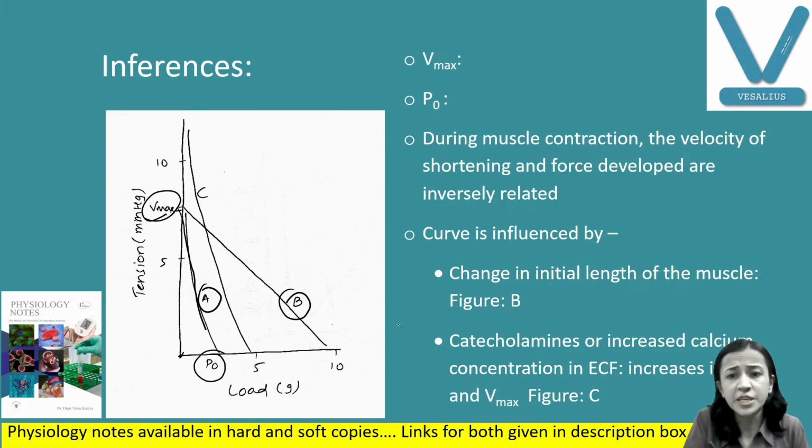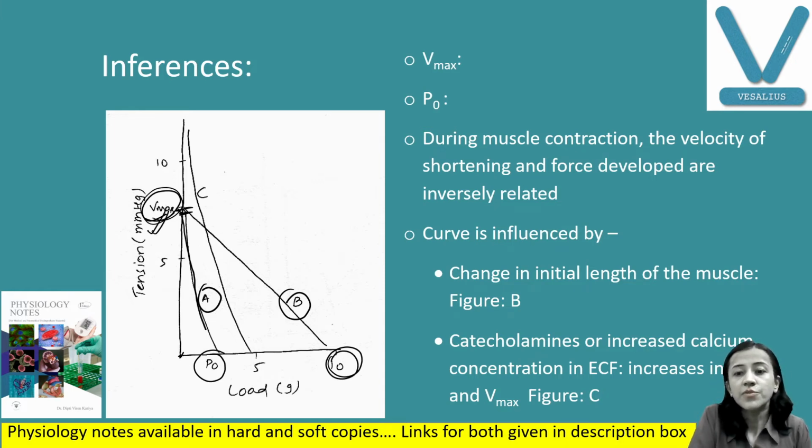Now here, B shows the effect of stretching when the initial length of the muscle fiber increases. What happens? V maximum remains the same, which means the velocity of shortening at zero load is the same, but P0 increases. You can see this P0 increases without change in the V maximum.